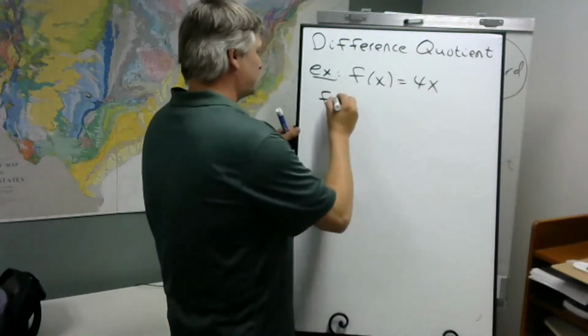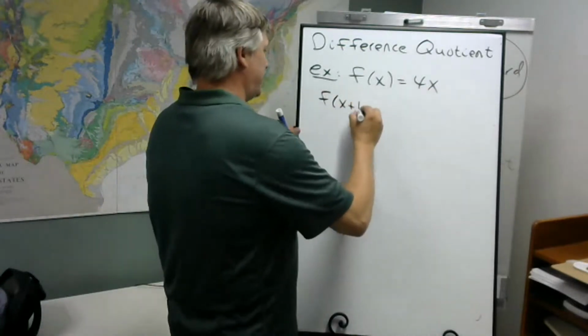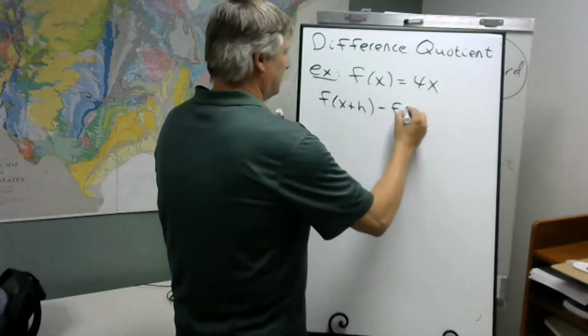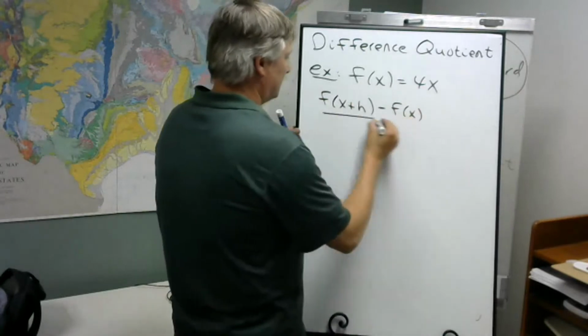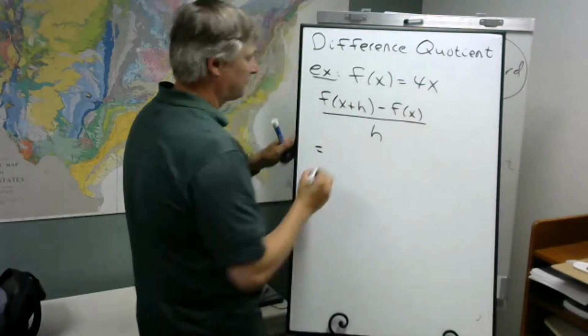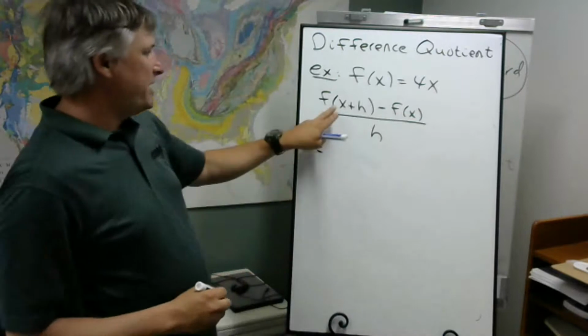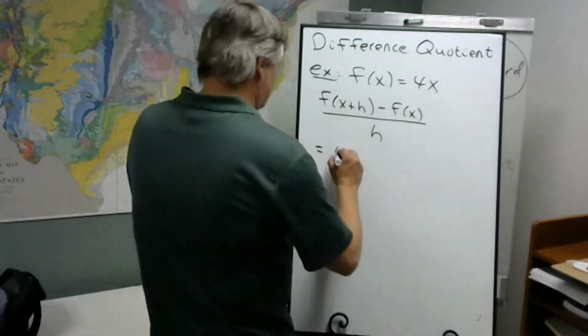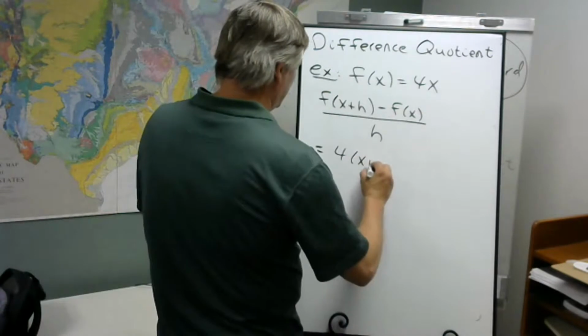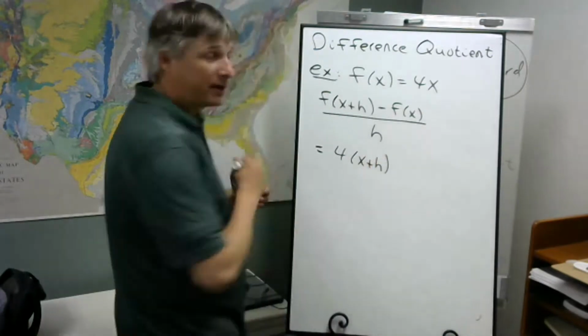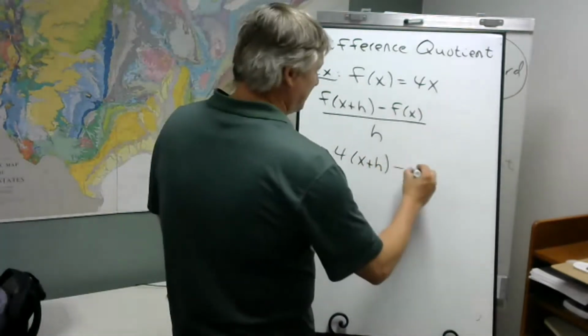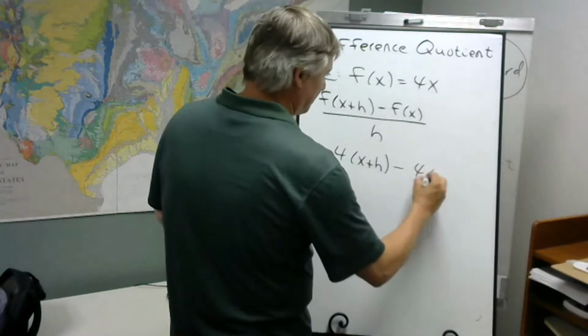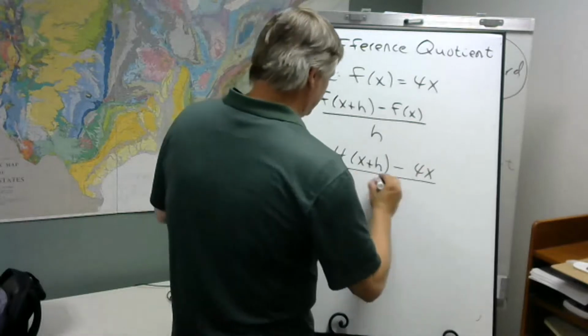Well, difference quotient, f of x plus h minus f of x over h. So we take x plus h and substitute that in for x, we'll get 4 times x plus h, minus f of x, which is just 4x, over h.